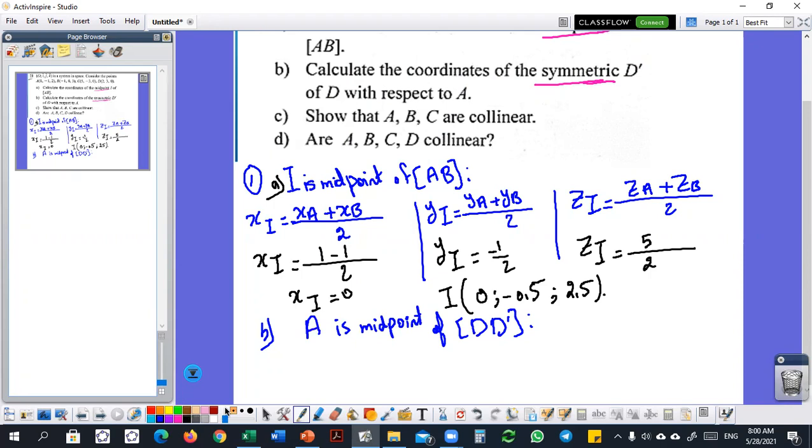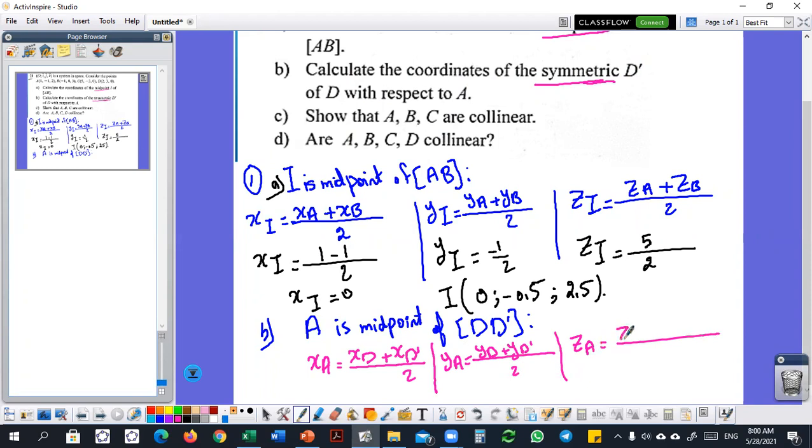So we should say now X of A is equal to X of D plus X of D prime divided by 2. Y of A equals Y of D plus Y of D prime also divided by 2. Z of A is equal to Z of D plus Z of the point D prime divided by 2.